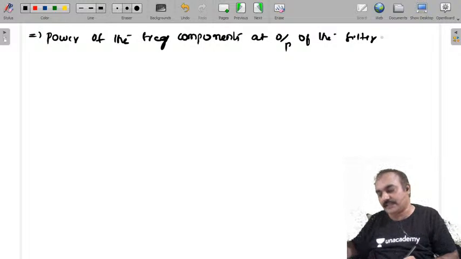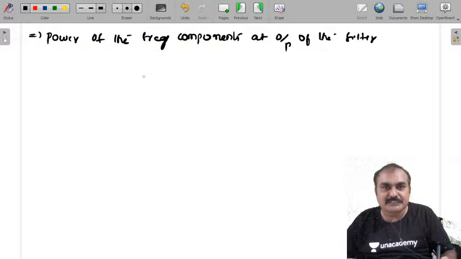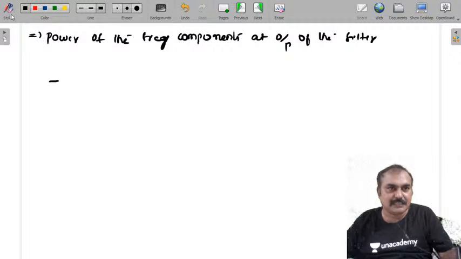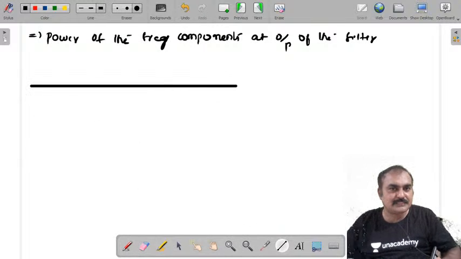Now we have to write down all the terms. Output of the filter means what is passing through the filter. Listen carefully, my dear students. The complete spectrum is passing through, with so many components like this, and on this side also many.